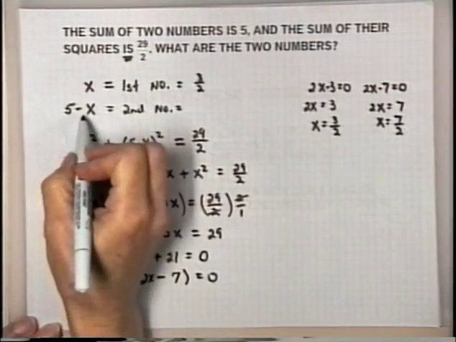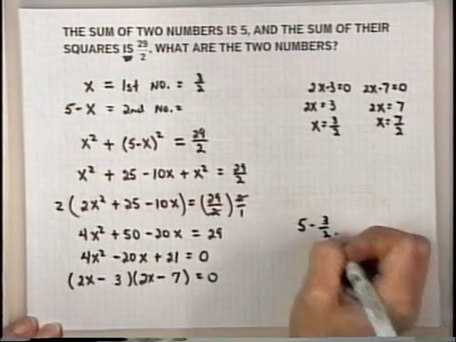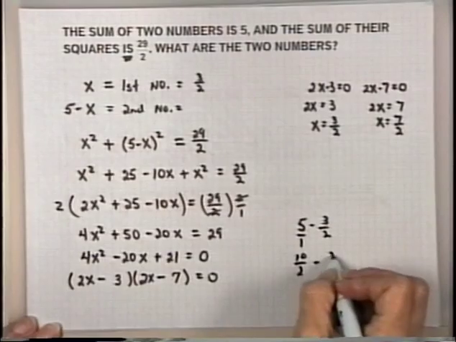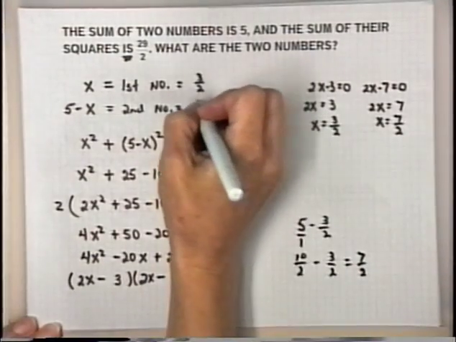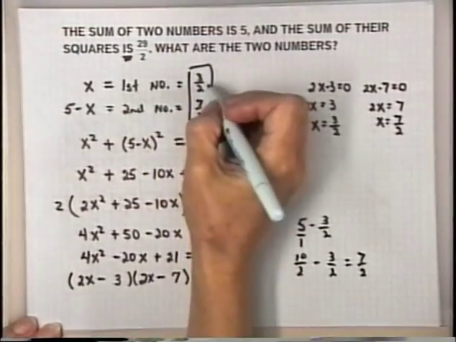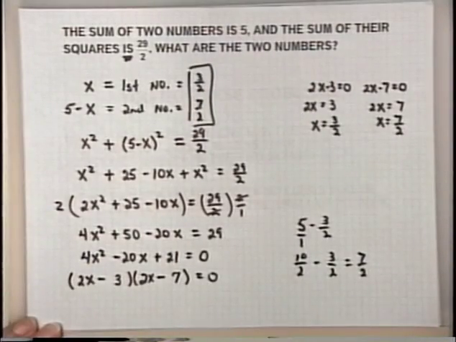If I do 5 subtract 3 halves to get that second number, put 5 over 1, this is 10 halves, subtract 3 halves, which gives me 7 halves for my second number. 3 halves plus 7 halves is 5, so our numbers add to 5.